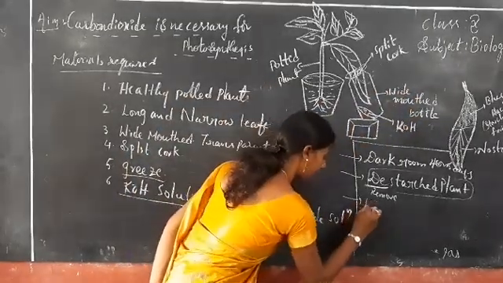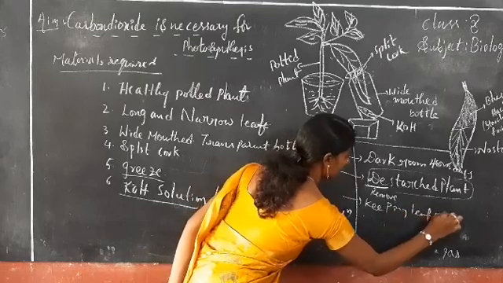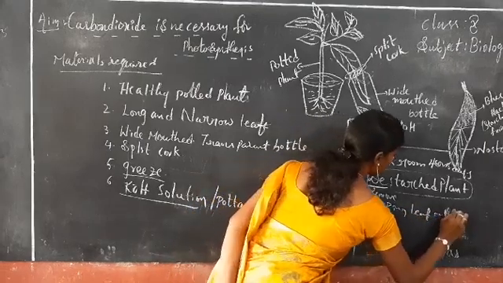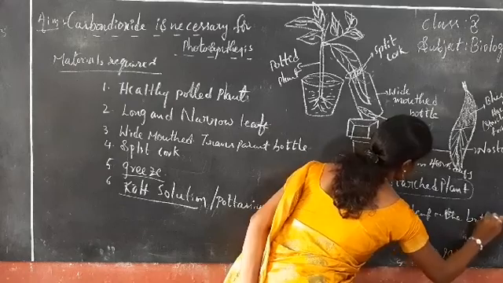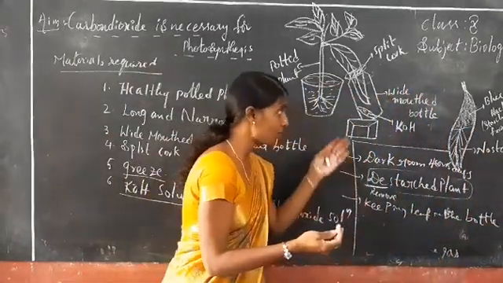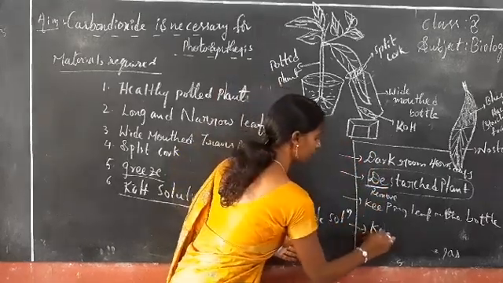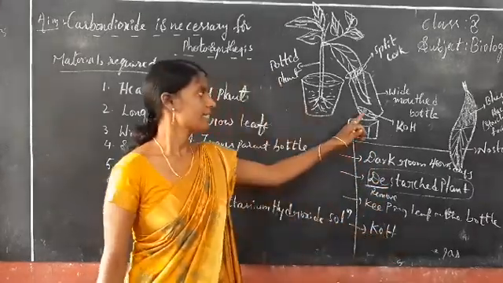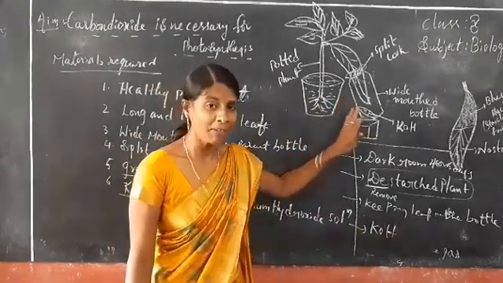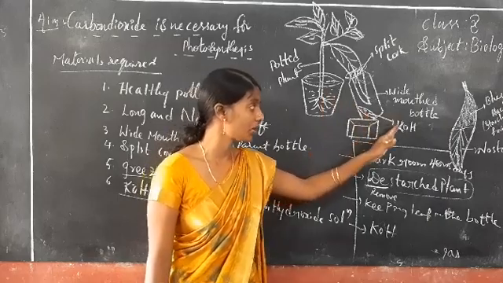So, if you are keeping this leaf inside the wide-mouthed bottle, first of all, we took some KOH solution inside the bottle. Why are we adding some KOH solution inside the bottle?